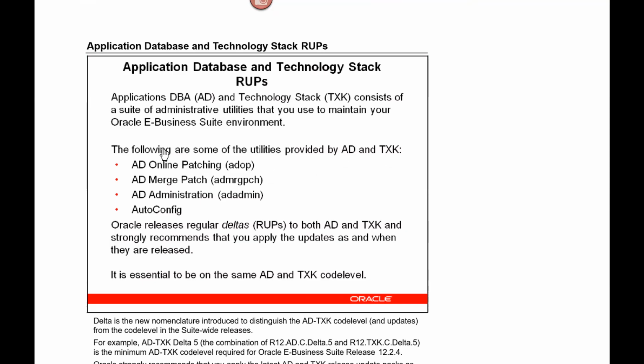Those patches will update your AD utility. Suppose you apply AD, it will update the latest AD utilities. For example, when you installed 12.2 yesterday, you didn't find this utility called ADOP. But once you come to 12.2.9 or 12.2.10, you will find ADOP. How? Because you would have applied these AD and TXK patches.